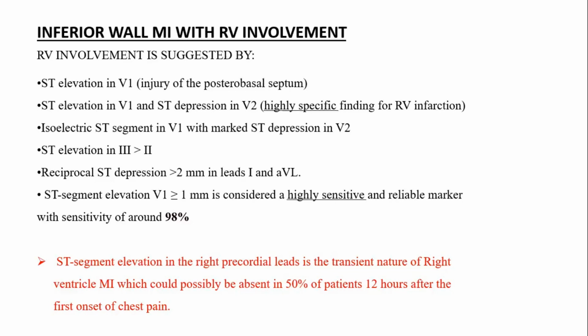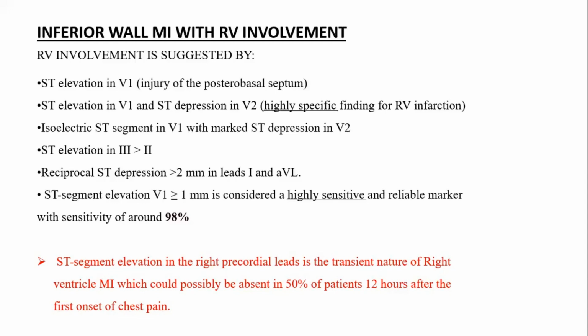In 50% of patients, if more than 12 hours have passed after the first onset of chest pain, these changes might go away. This is one interesting finding. You can pick that up on the echo, obviously, because when the RV infarcts, it will show some signs on the echo as well. But this is one important point for clinical practice: these changes are transient.